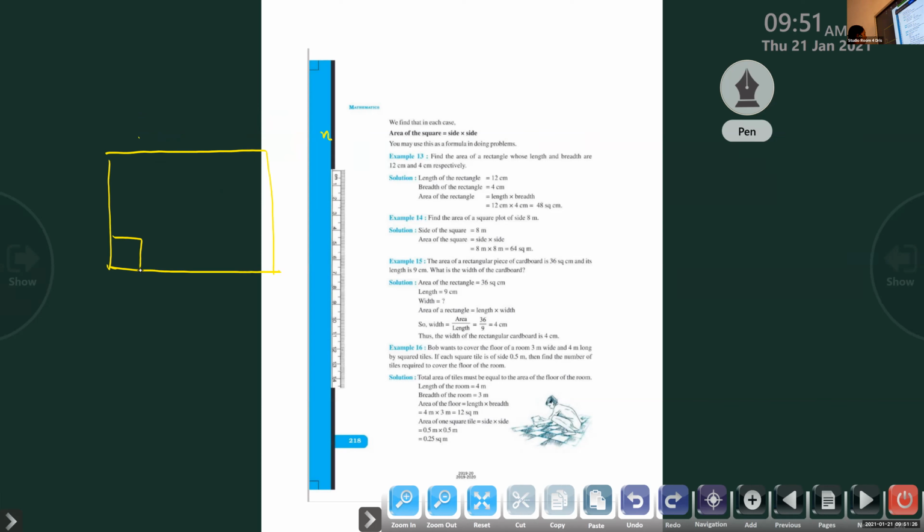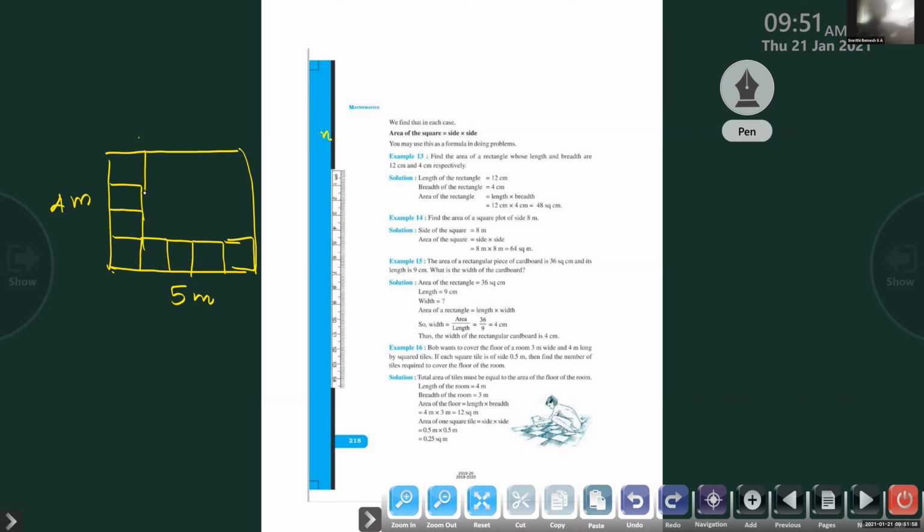And lengthwise, if it is 5 meter, 1, 2, 3, 4, 5, I am covering this lengthwise 5 meter, 5 tiles. And if it is 4 meter breadth, like this, I can cover 4 tiles, lengthwise and breadthwise.